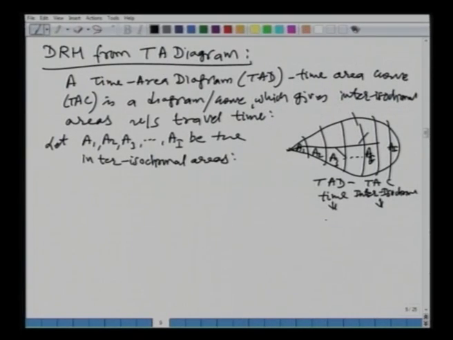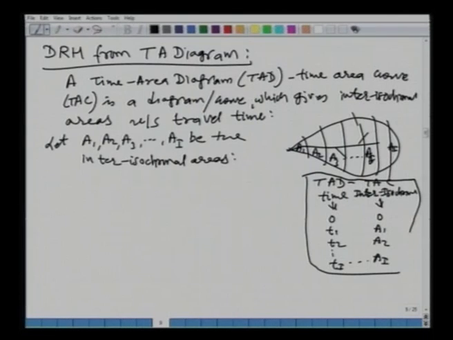So, let us say it is 0, then you have T1, A1, T2, A2 and so on, up to T capital I, A capital I. This table, or the curve if you plot it, is called your time area diagram. And that is what we have defined here. This is your inter-isochronal areas, while we are doing the modeling for the direct runoff hydrograph.